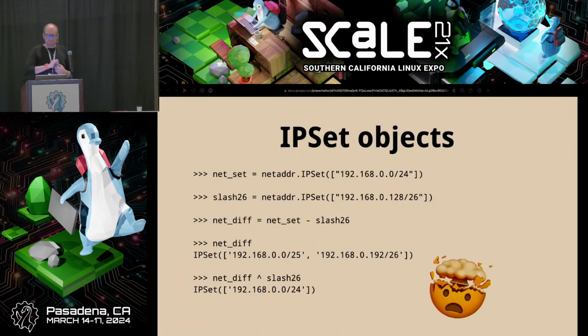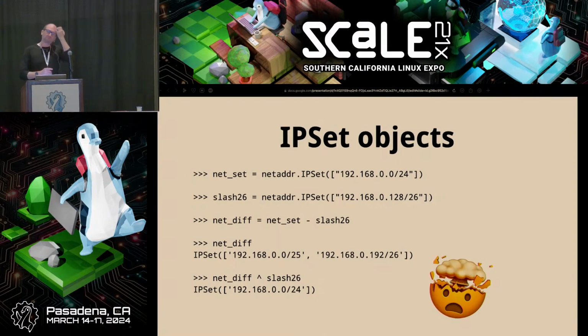This is the best, in my opinion, IP set. This uses set operations, which are differences, unions, intersections, set theory stuff. That's very common in networks, right? Databases too. So in this example, what I did is I created an IP set of 192.168/24, and created another set of 192.168.0.128/26, which is the third chunk of the four /26s that make up that /24.